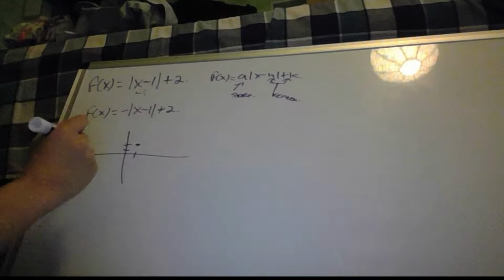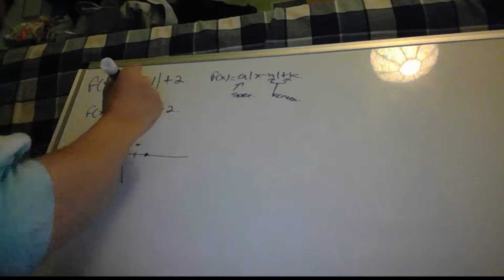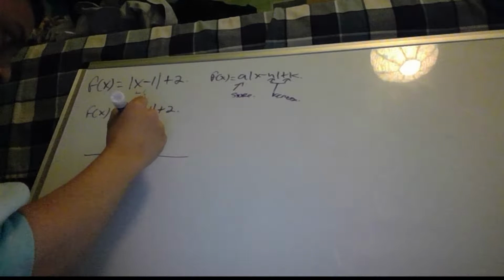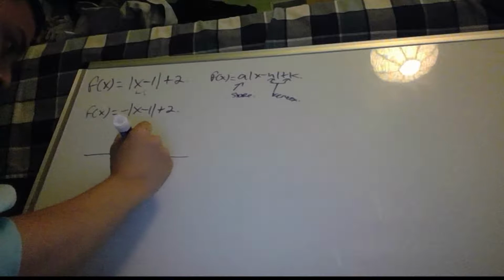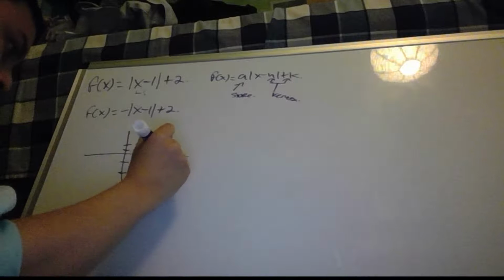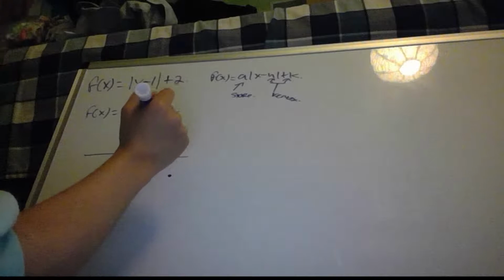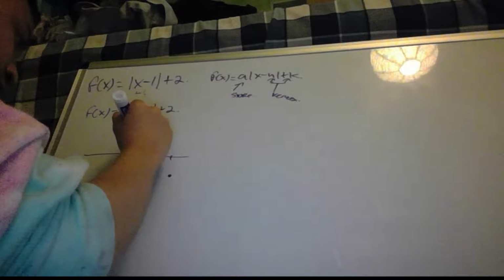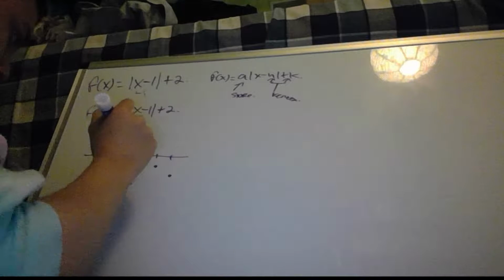Like I said, your vertex is 1, 2, so you would do down 1, right 1, down 1, right 1, down 1, right 1, and then draw a little dashed line to tell you that you would do the opposite, because it's supposed to be an upside down V, right?